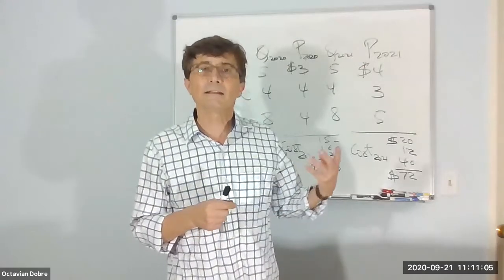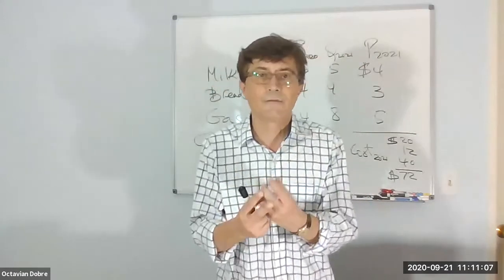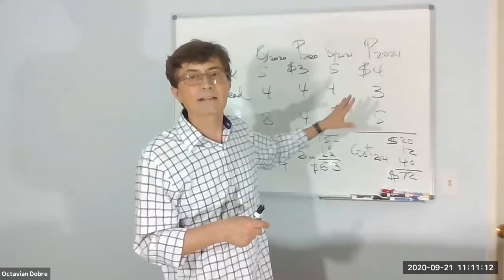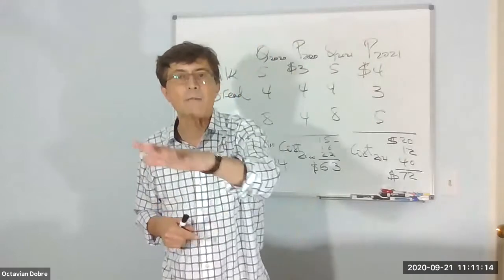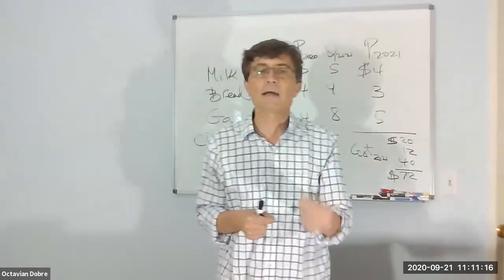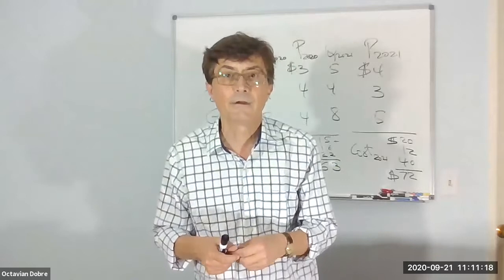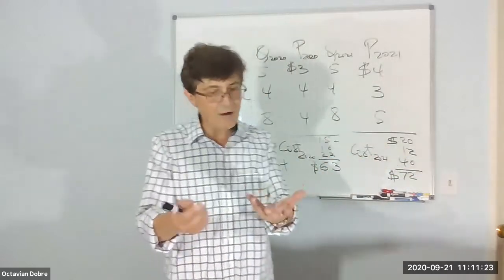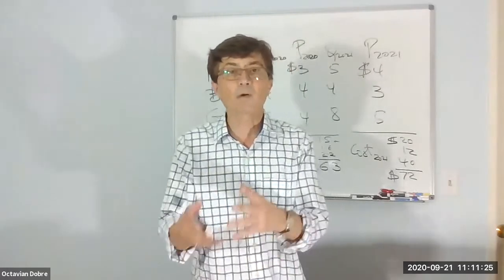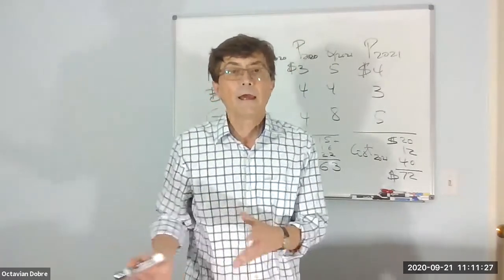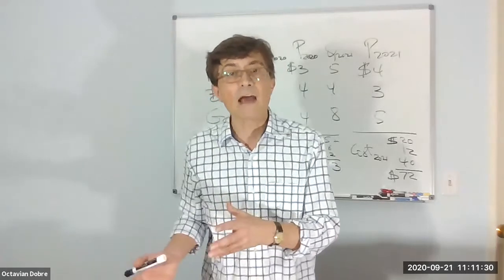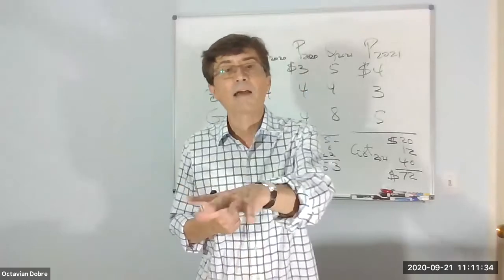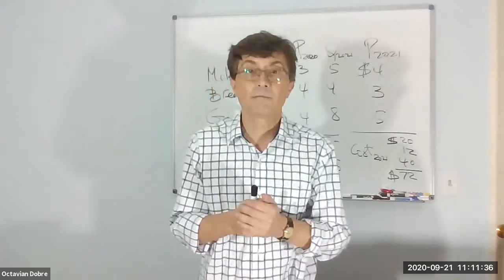The argument is this: in real life, we do not maintain the same basket of goods time after time, because there's something called the substitution effect. Imagine in this basket of goods we have the price of chicken and the price of beef, and suppose the price of beef suddenly starts going up and up, while the price of chicken stays the same.